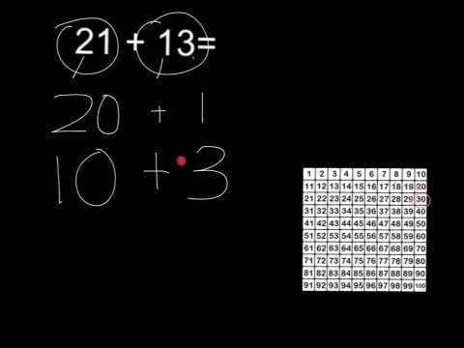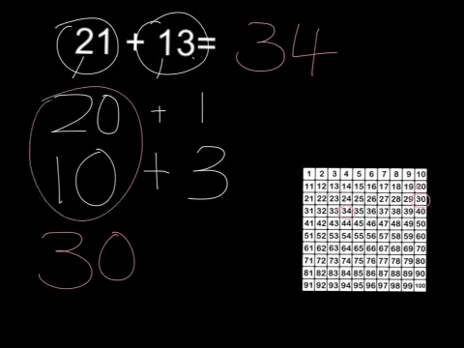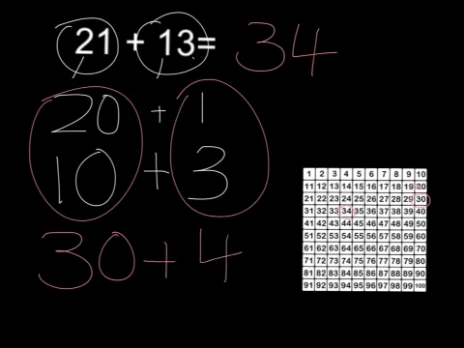And then 1 plus 3, so that's a count on fact, 3 plus 1, 4. Then from 30, count on 4. 1, 2, 3, 4. So my answer is 34. Okay, so I had 30, and then by adding 1 and 3 together I got 4. So then I went 30, count on 4 more, my answer is 34.